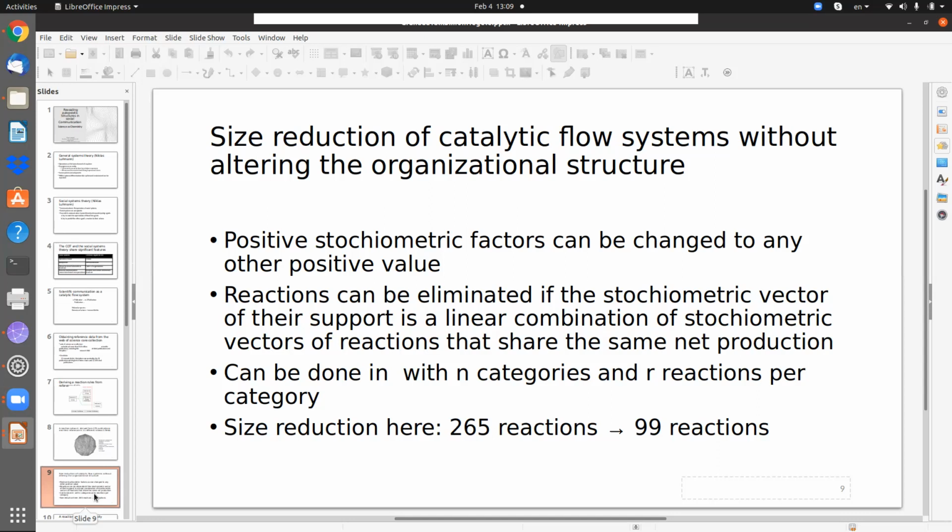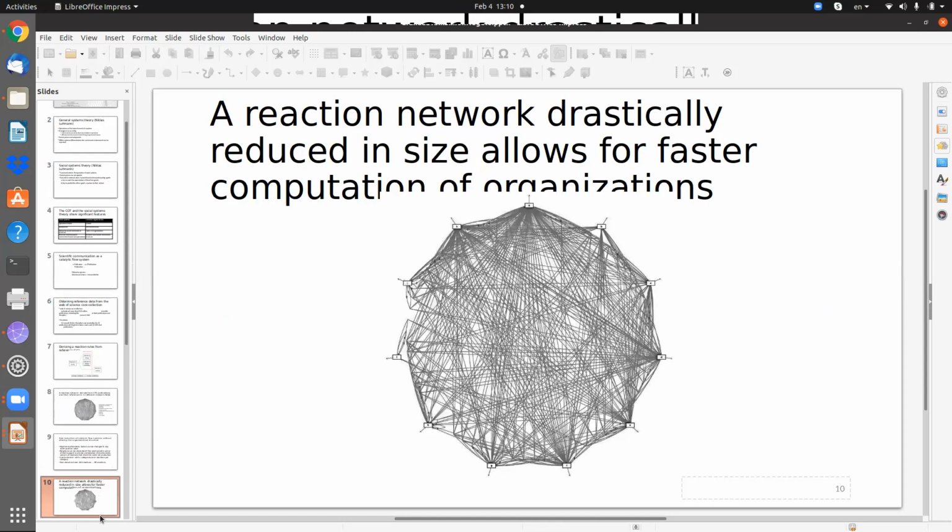So I got to this easier reaction network with 99 reactions that promised to be computed much faster.